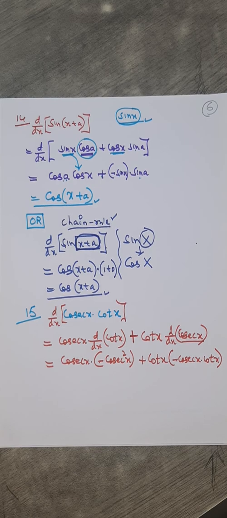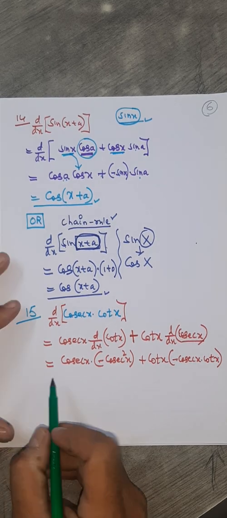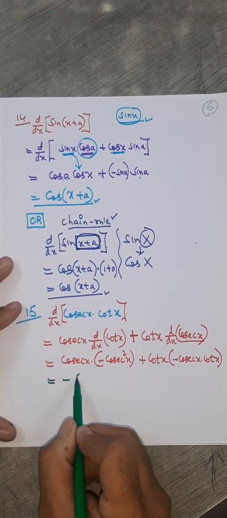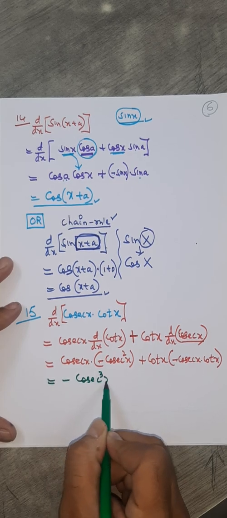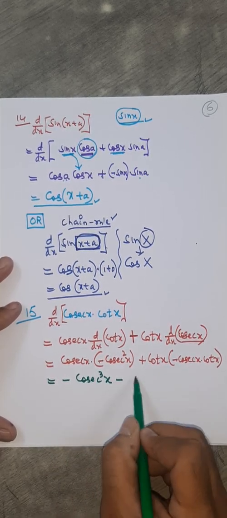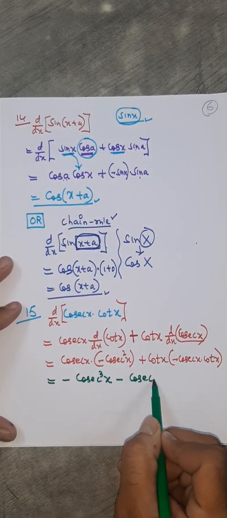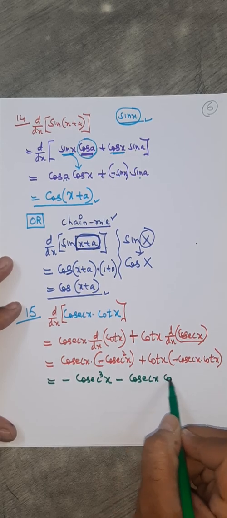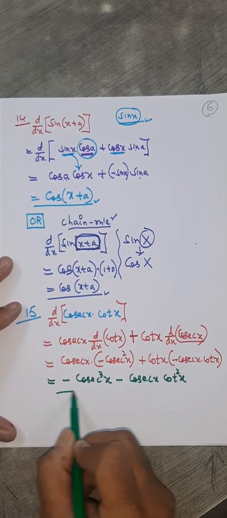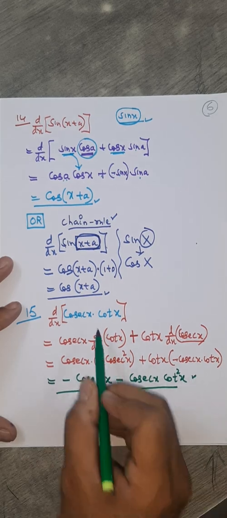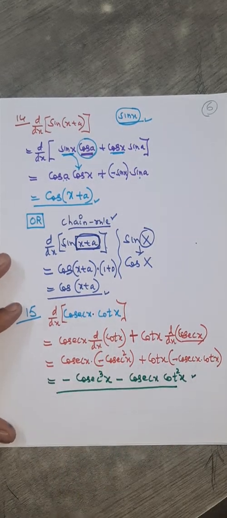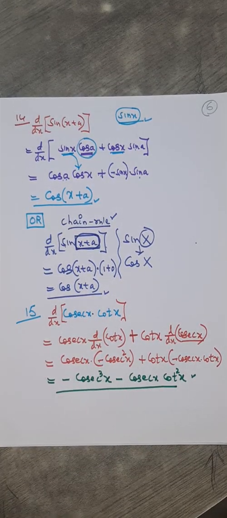So you are through in differentiation. Now we just rewrite: minus cosec cube, and minus cosec x into cot square. We have a product of two functions, so straightforward we have used which rule? Product rule.